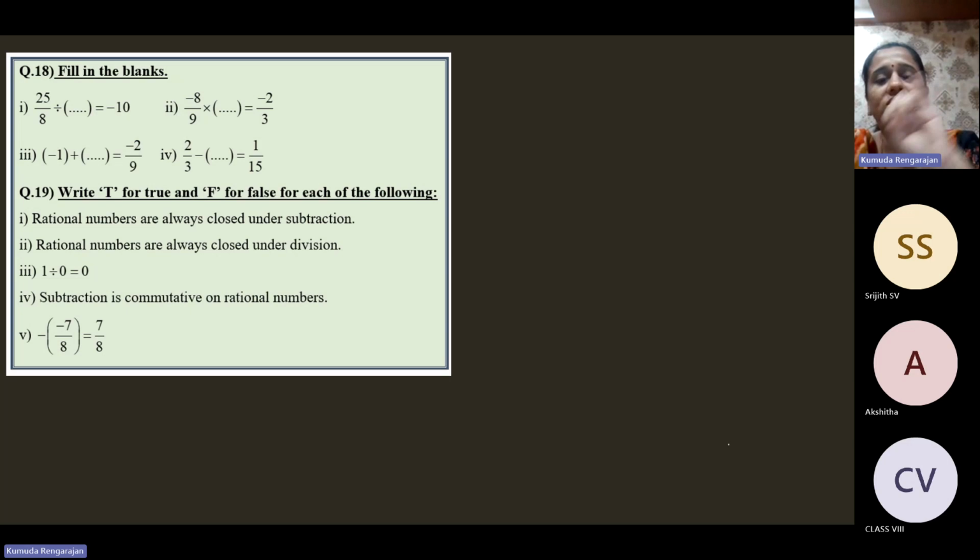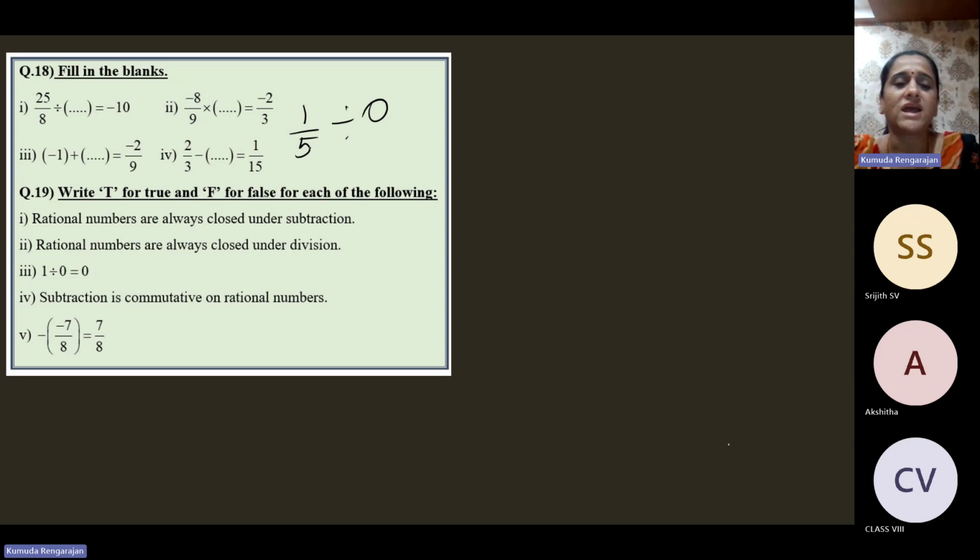Rational numbers are closed under addition, subtraction, and multiplication. Rational numbers are not closed under division if you don't consider division by 0. Then rational numbers are closed under division also. When you divide a rational number by another rational number, the resultant is also a rational number, except when you divide by 0. When you divide 1 by 5, divided by 0, it's not defined.